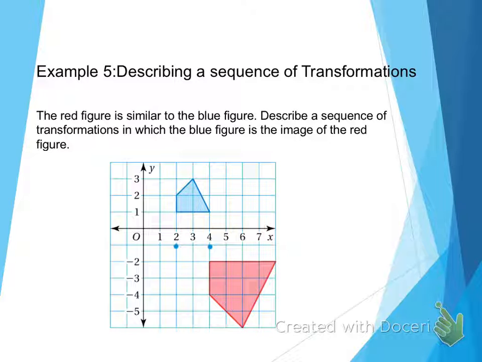Instead of 4, -4, I'm going to have 2, -2. And instead of 6, -6, I have 3, -3. So right here is my dilated figure.